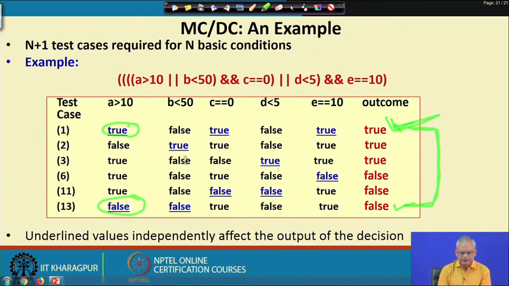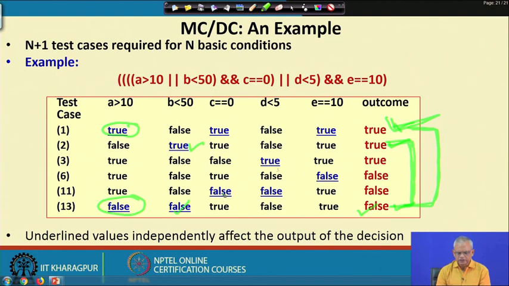What about the second condition? We scan through the truth table and find that when this is true and the others are true, false, true, the outcome is true, and when this is false, with the others held at true, false, true, we get false. So, these two together achieve the independent evaluation of the second clause.